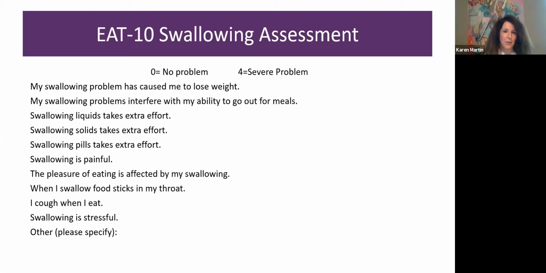You may be familiar with these questions that we're asking you as far as how your swallowing has impacted your weight, going out for meals, other than COVID causing us to not go out for meals, right? Swallowing of liquids taking extra effort, solids, and pills. Generally, it's not painful. That's for other types of diagnoses, and this is a standardized screen. But is the pleasure of eating affected by my swallowing?